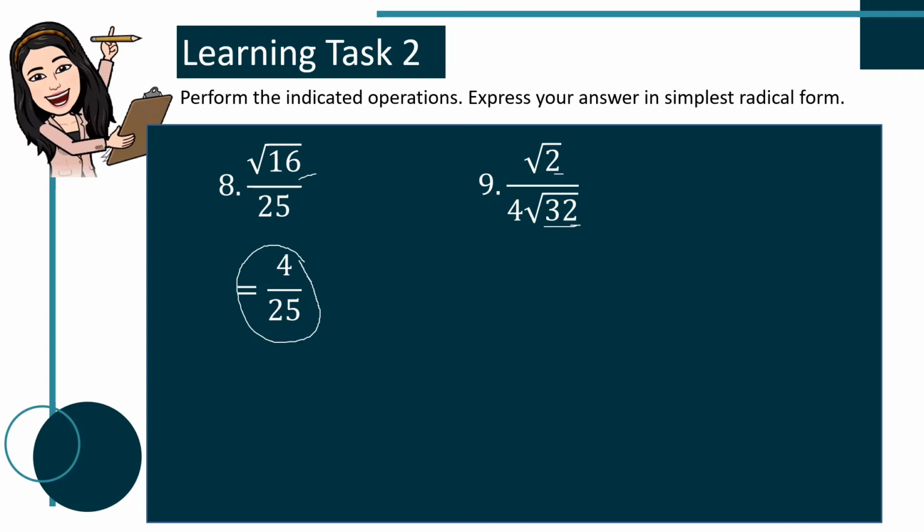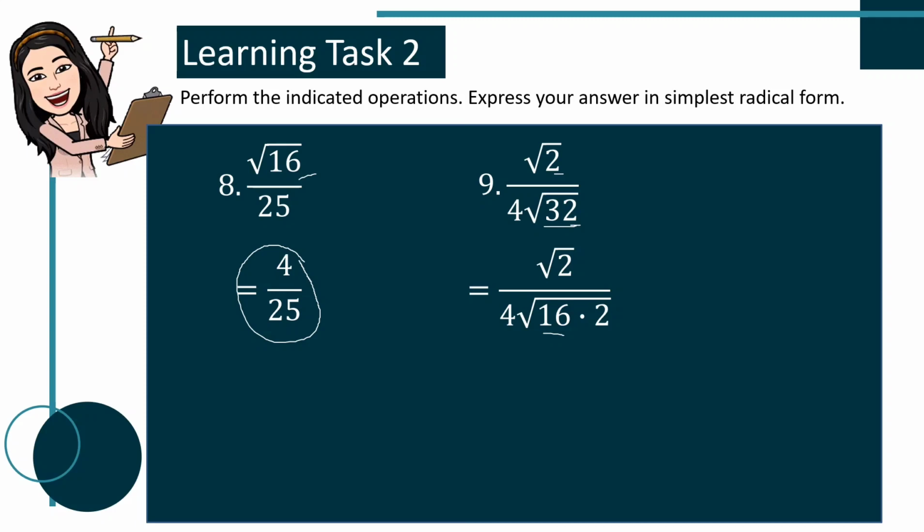So, we will get the factors of 32, ng isa ay perfect square. And that would be 16 times 2. Tama ba? Ang 16 ay perfect square. Tama?